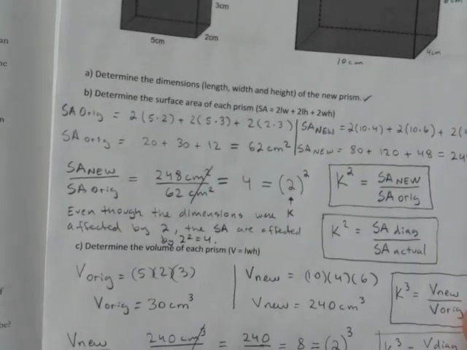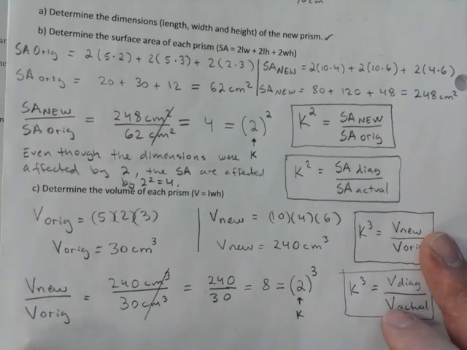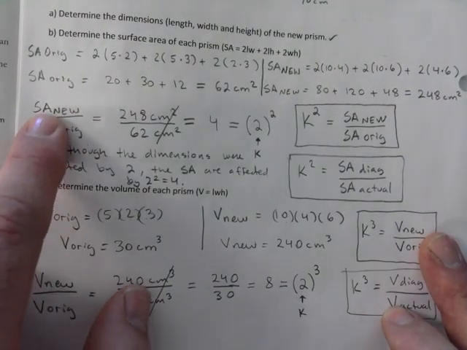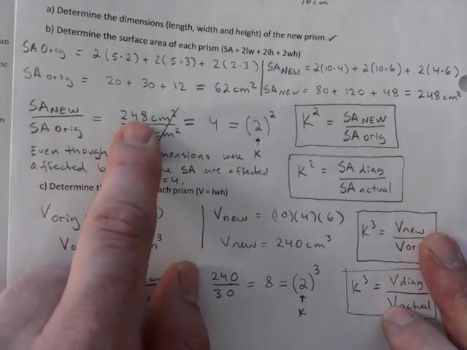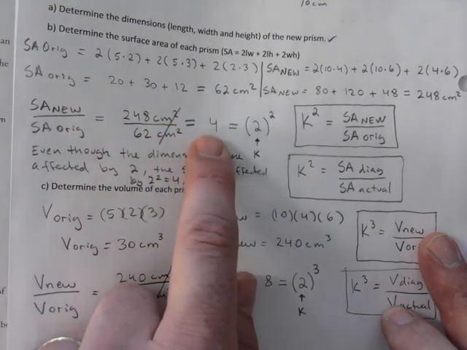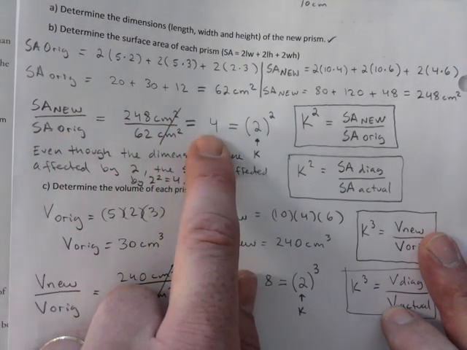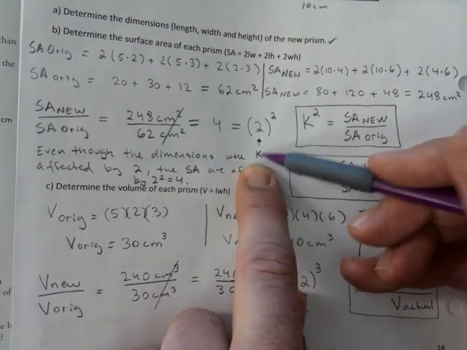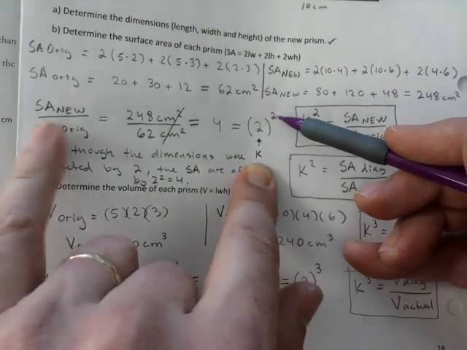I actually like this question a lot, and I will tell you where we go back to. We're going right back to the beginning of this section. If you were to take both surface areas and divide them, we got 4. That ended up being what, really? It ended up being k squared because we're comparing areas.